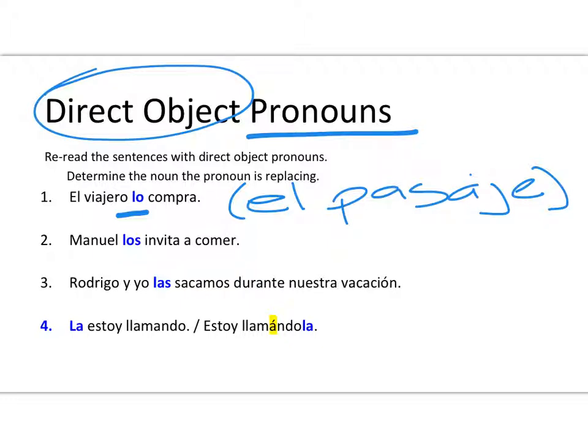And where does lo come in the sentence? Before the verb. Before the verb. So make sure you note that. Our direct object pronouns, and most pronouns throughout your 202 requirement, are going to come before your verb. Before a conjugated verb, just to clarify.